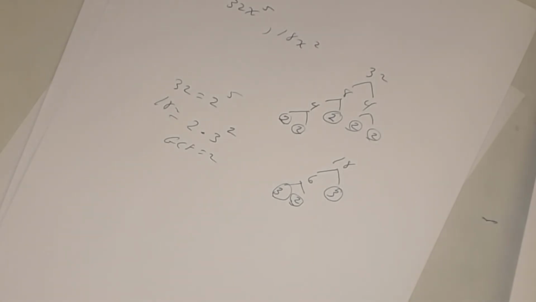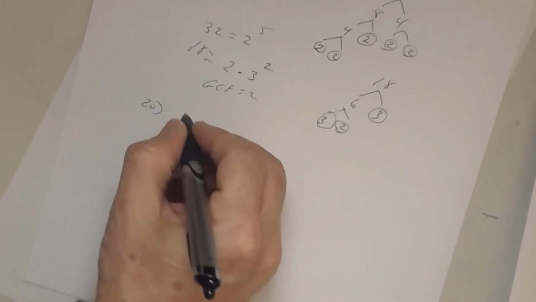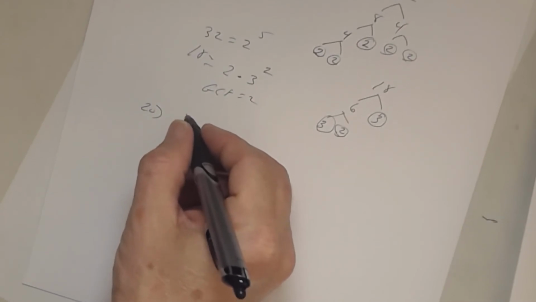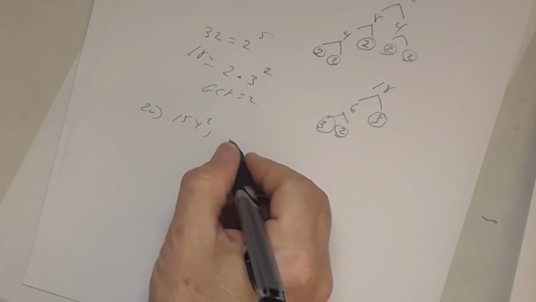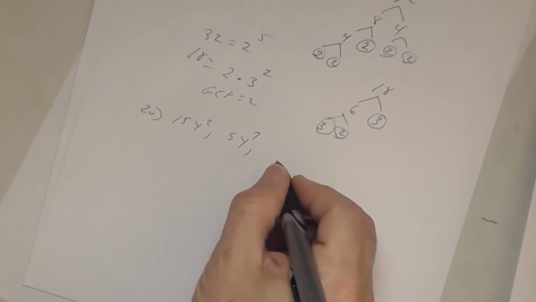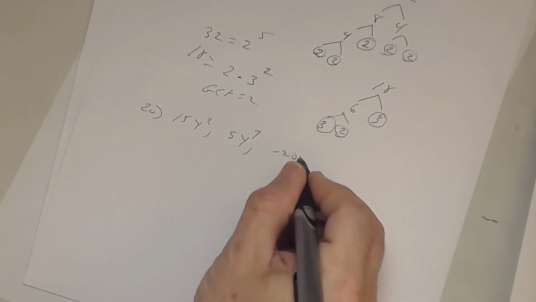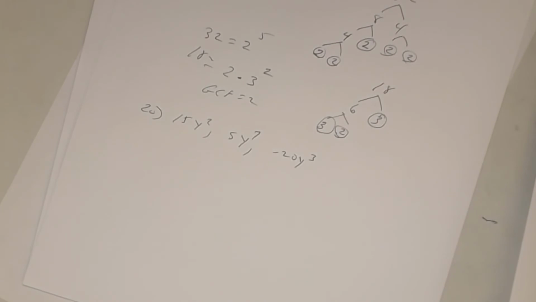All right, let's look at this one. This is number 20. You have 15y squared, 5y to the 7th, and negative 20y cubed. For the most part, these are going to be easy numbers to deal with, not difficult coefficients.